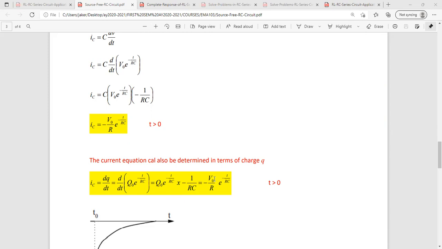So you have negative V sub O. Again, you see this one. Q sub O over C is V sub O. Let me annotate.